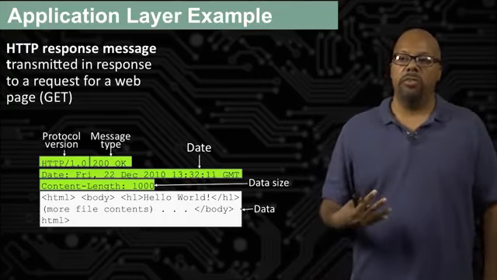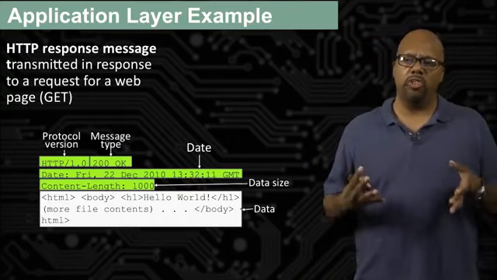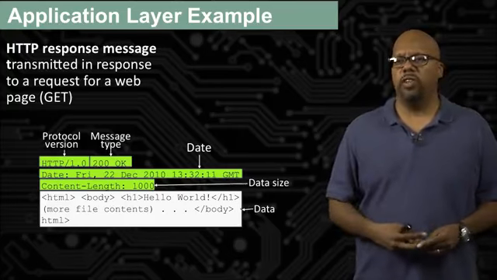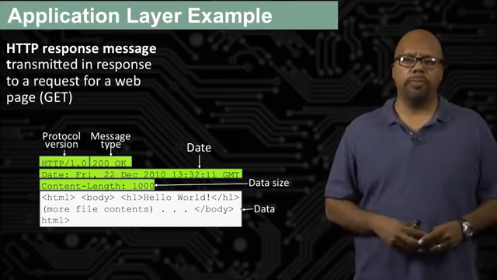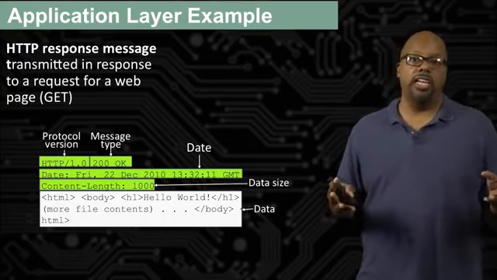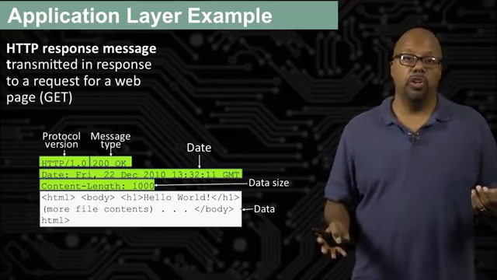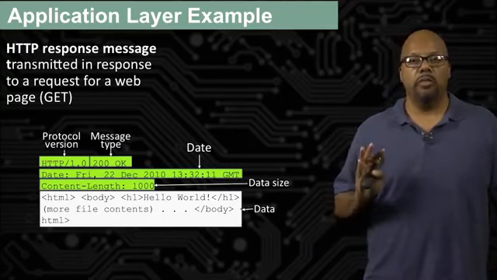The header information gives information about the message, but it's not the actual content. For instance, the first line gives you the protocol version and also the message type. 200 OK, if you look at the HTTP protocol, which you can Google and get a very large protocol document, has a particular meaning.